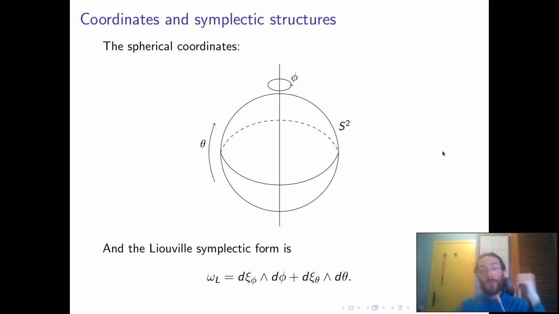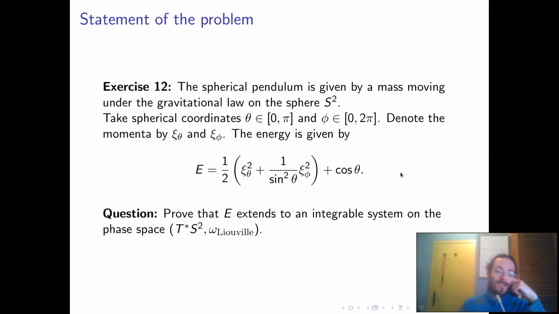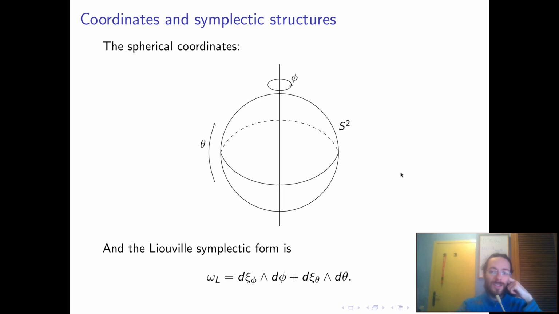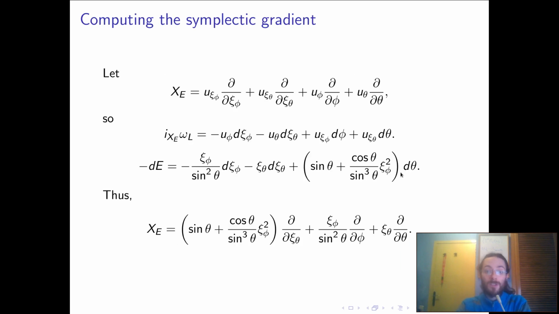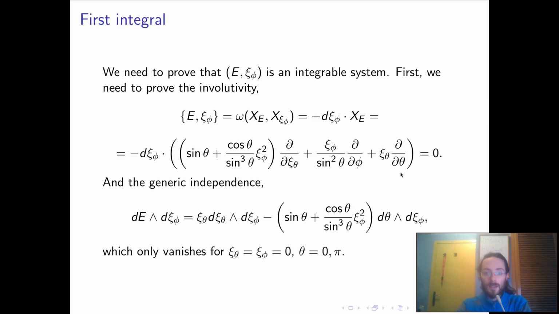And they do coincide with the critical points of the energy here, so that's a nice coincidence. This does not always need to happen, but it's a nice coincidence here. But in particular, there are only 2 points inside of the whole cotangent bundle, therefore it's a set of measure 0. So this expression is non-vanishing almost everywhere. So this is it. This is the proof that this is an integrable system.